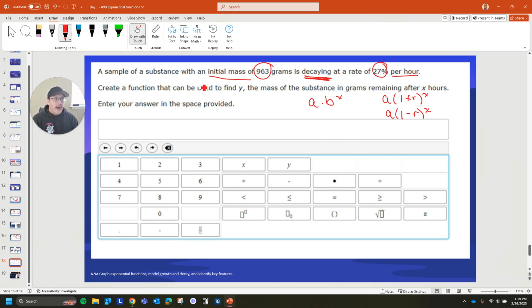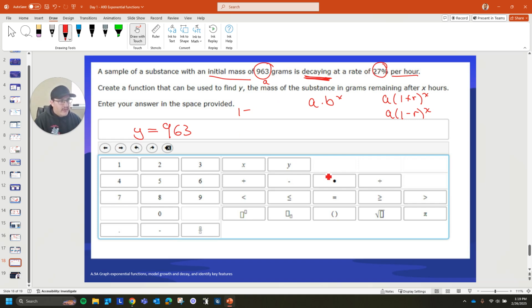So, first off, we need to know what the initial mass is. It says find y. The y is our equation, so this is going to be y equals something. We know we're going to start with our a value. 963 is our a value, so that's going to be 963. Our parentheses is going to be 1 minus whatever the decimal of our rate of decay is.